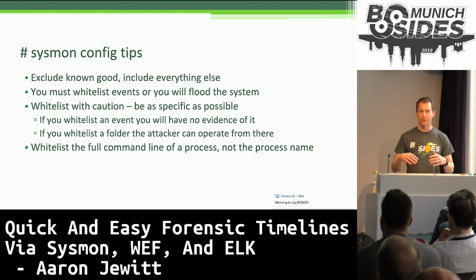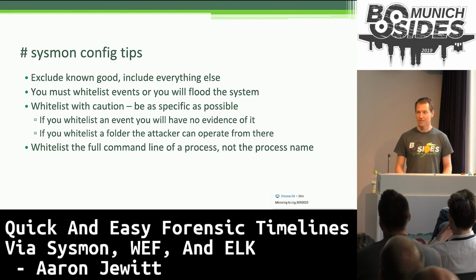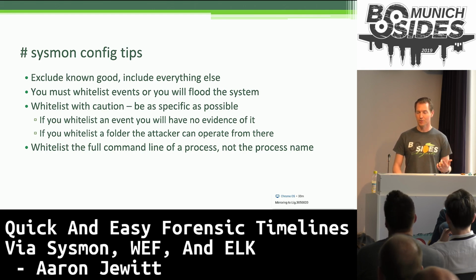If you include everything and only whitelist the known noise, like Chrome.exe making a connection on port 80 to the internet, okay, I'm going to exclude that. There may be times the attacker uses that and it sucks, but it's going to flood my logs. I want to know every time Chrome talks to a port that's not 80 or 443. Maybe then I whitelist my local, internal servers that use weird ports.